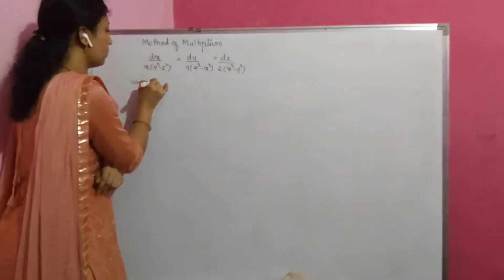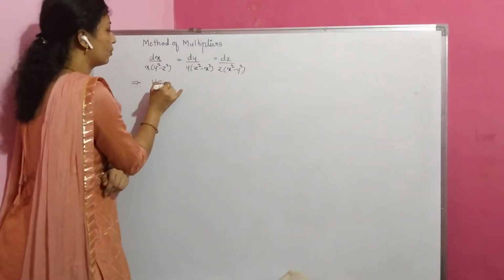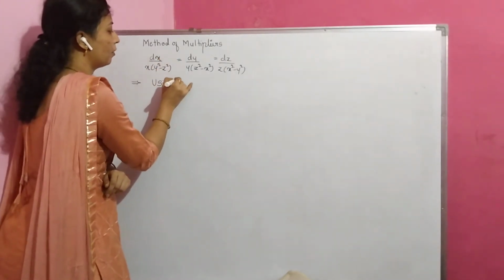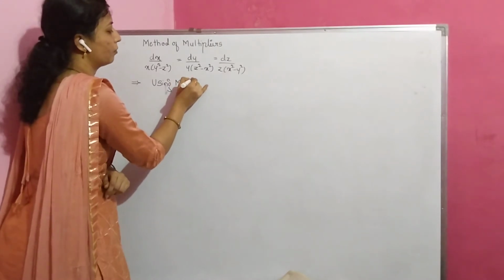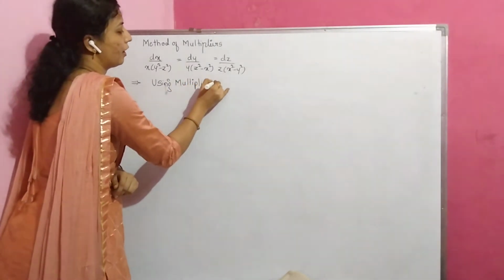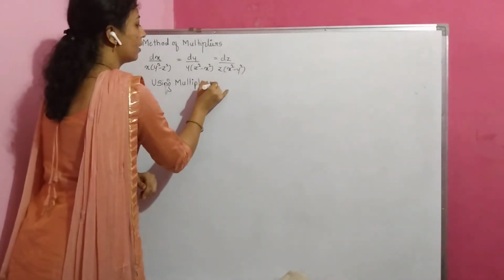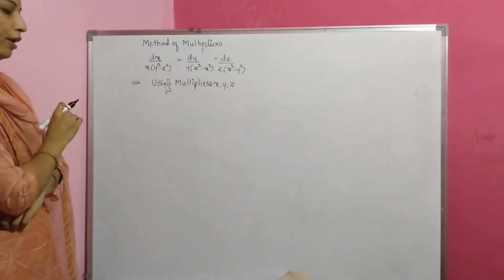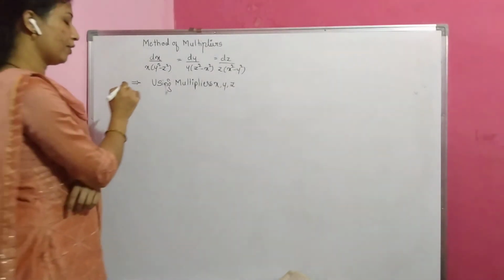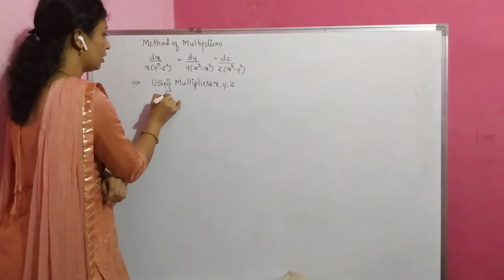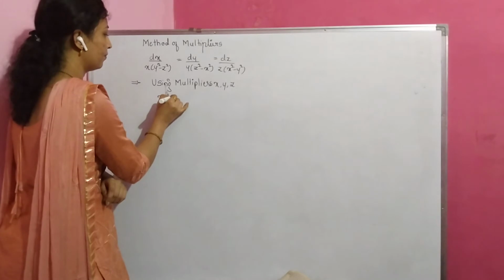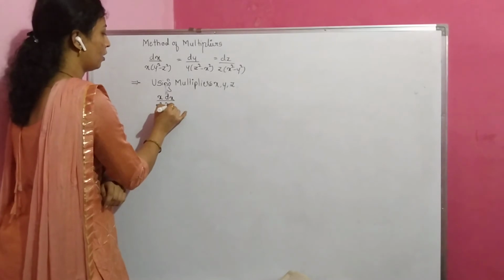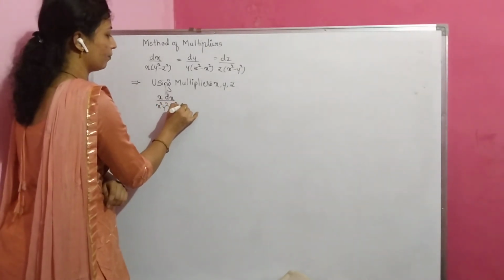So first, using the multipliers x, y, z, we have x dx divided by x square y square minus x square z square.